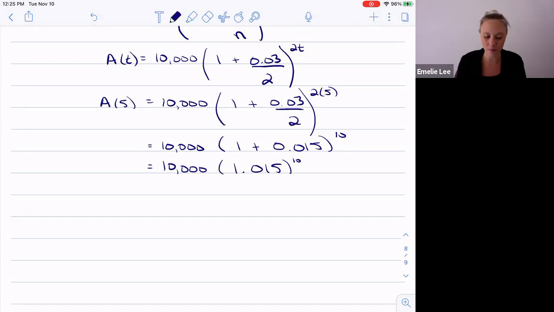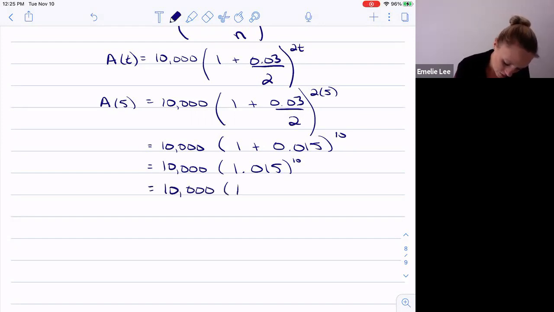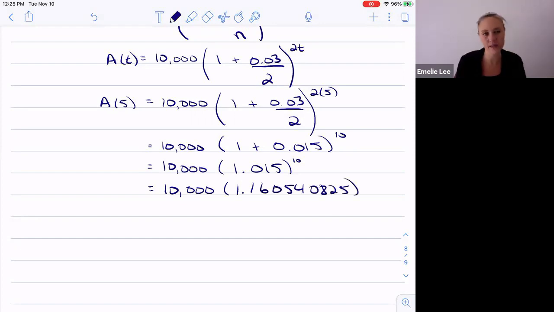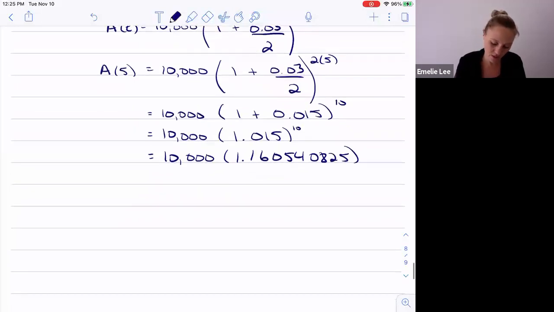Now my next step is going to take 1.015 to the power of 10. So I'm at 10,000 times 1.160540825. That's an approximation, but I think it's close enough. Right. You never want to round too quickly, because this is money that we're talking about, right?